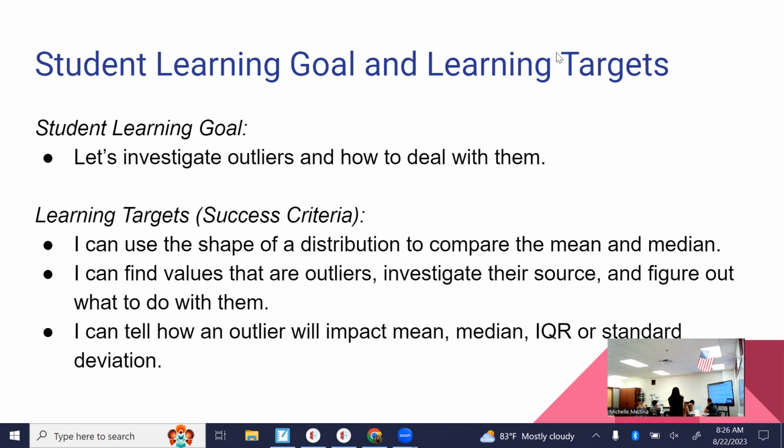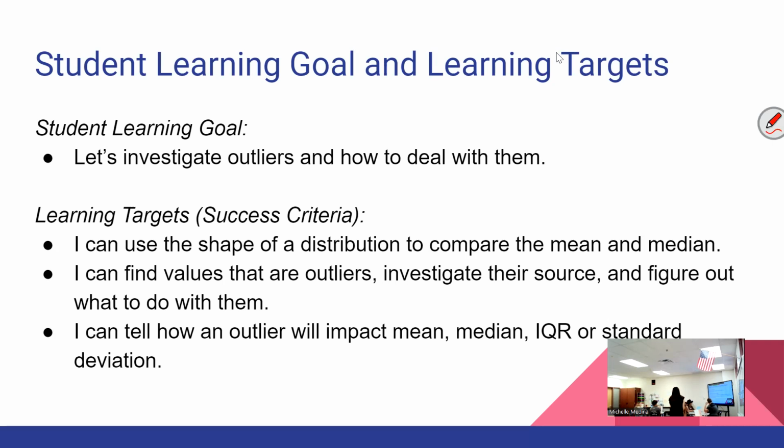So, using the shape of a distribution to compare the mean and the median. For example, if I have a bell-shaped distribution, something like this, where would you expect the median to be on this bell shape? In the middle.